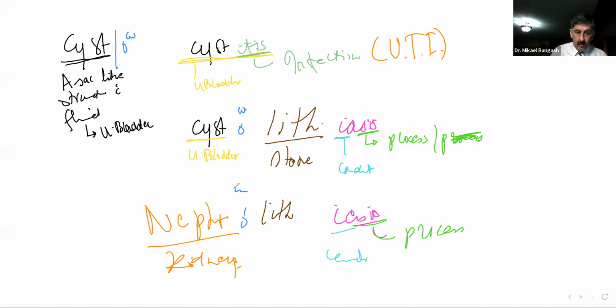So whenever sis is the suffix, what it actually does is that this whole word becomes a process. Yesterday, for instance, we talked about gene, right?